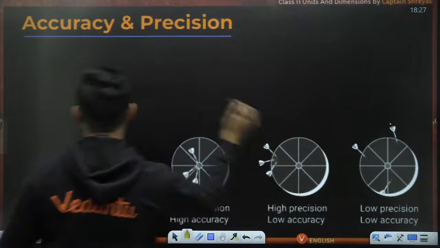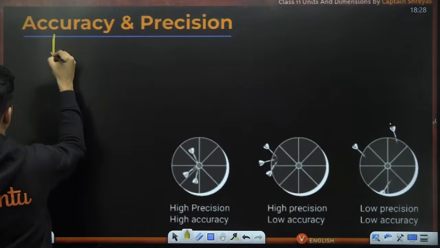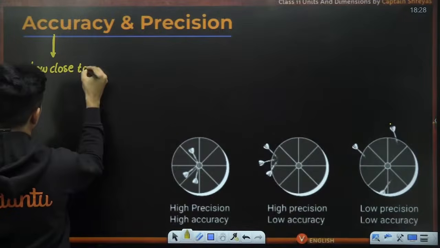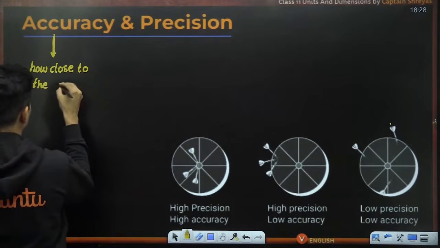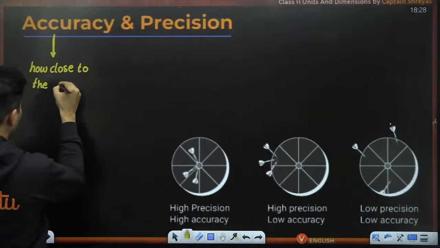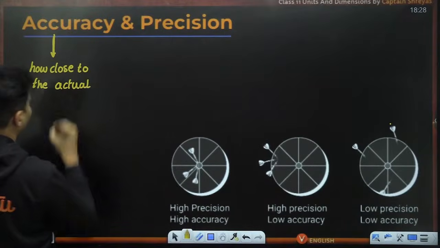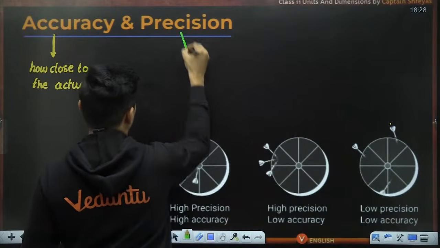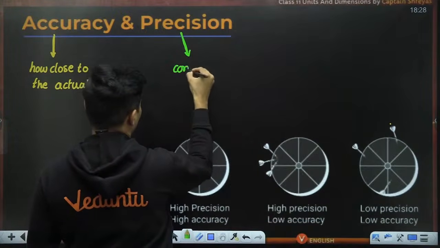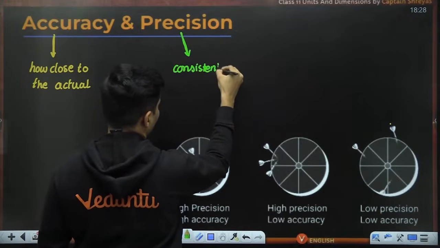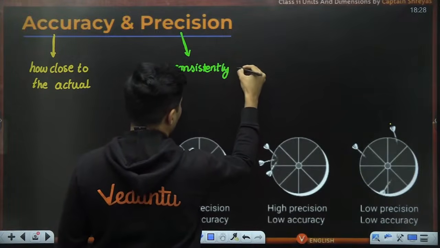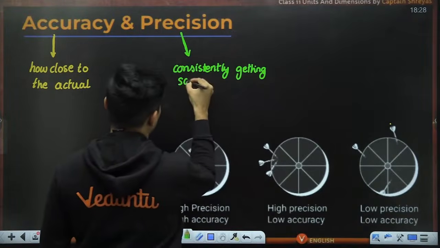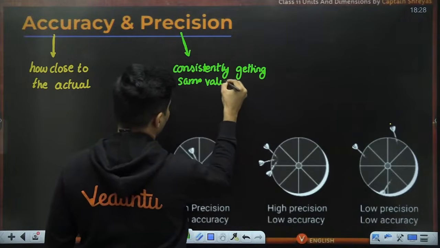So accuracy means how close you are to the actual value, and precise means how consistent you are, how consistently you are getting the same value.